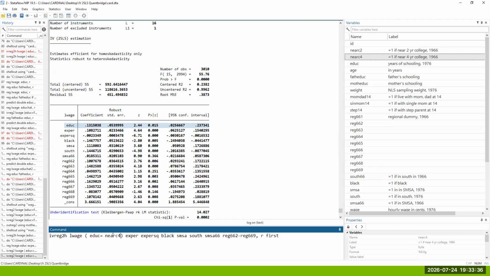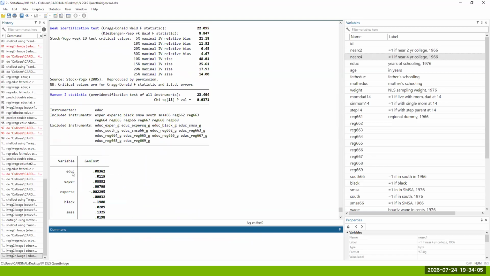If I leave this instrument in here, it means I'm instructing the software to estimate a two-stage least squares using both internal and external instruments. But let's first deal with the internal only instrument. So I will remove this. Once I have just the option here, nothing here, I don't want too many things reported, so let me take out the first.